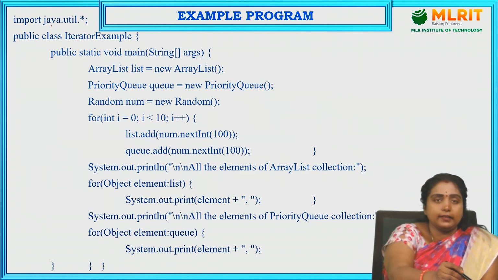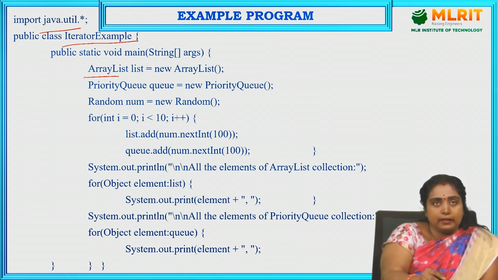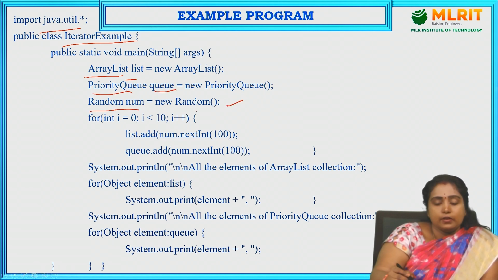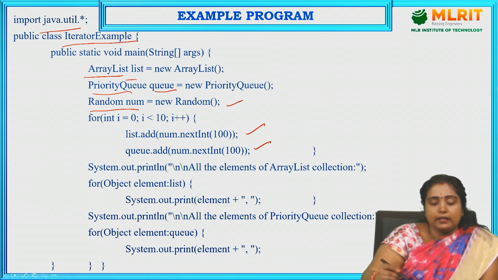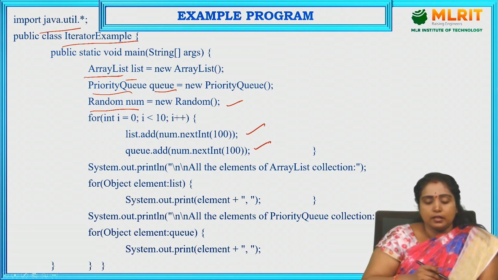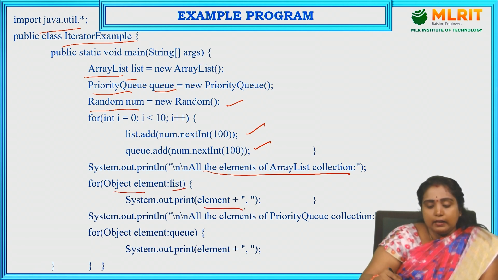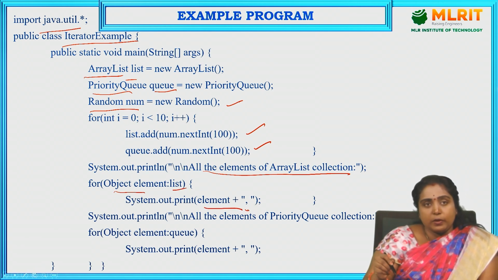So here is an example program, a java.util store and iterator example. I am creating an ArrayList, a list and a priority queue, and I am taking random elements from 1 to 100. I have added them to the queue and the list. Next it will print the object of the list, the elements followed by commas, and all the elements in the priority queue.